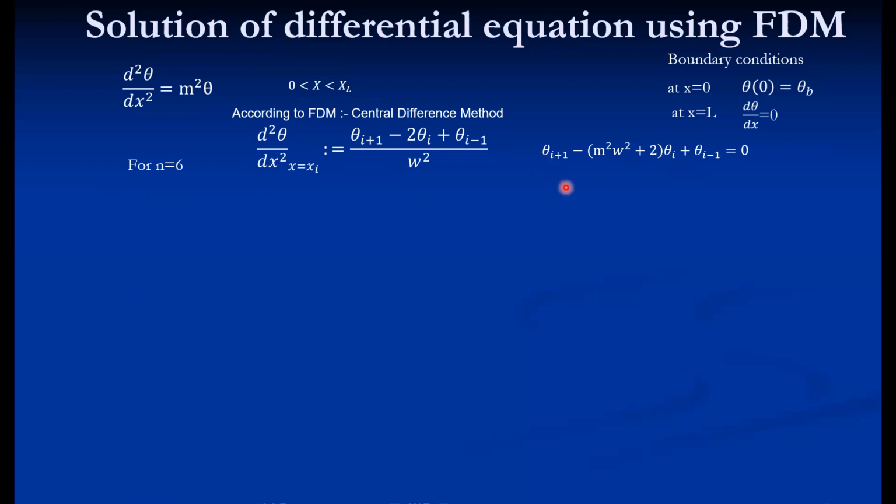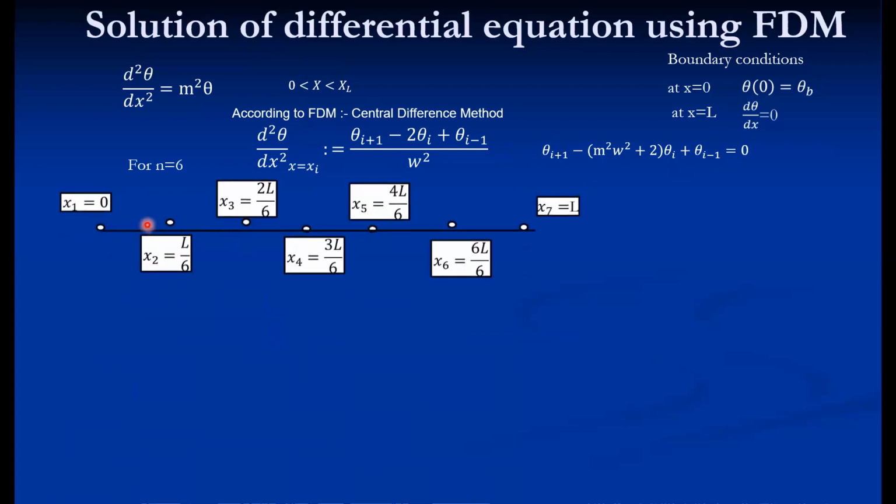So the i values are at different intervals. We take 6 steps. Suppose this is 1, 2, 3, 4, 5, 6, and 7 nodes are there, so x is equal to 1 to x is equal to 7. Accordingly, we have a step size of (x7 minus x1) divided by 6, so each step size is L by 6.